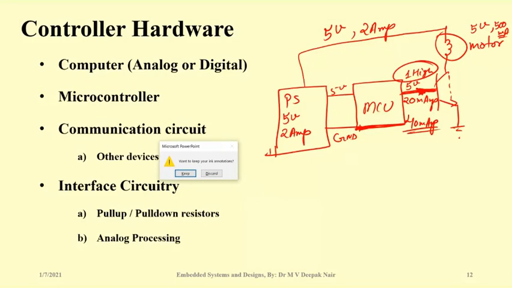Okay, I will give you a hint. We need a signal conditioner in this system. Why and where do we need a signal conditioner? When we say motor, I am representing the motor by a winding, an inductor.